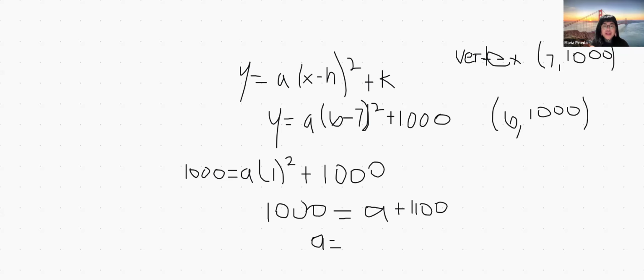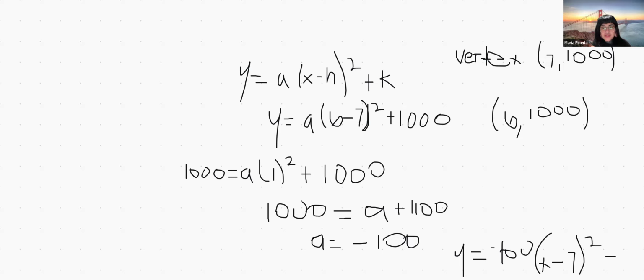Now all you would do is subtract these two, making a equal to negative 100, so this equals negative 100 times (x minus 7) to the second power plus 1,000.